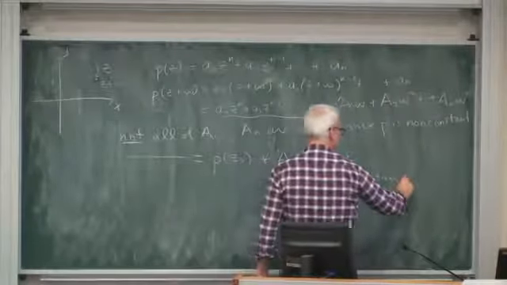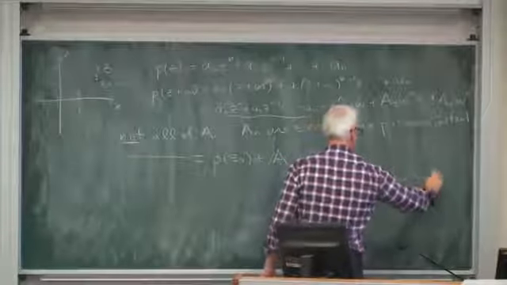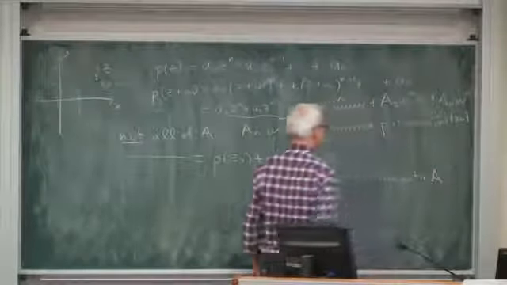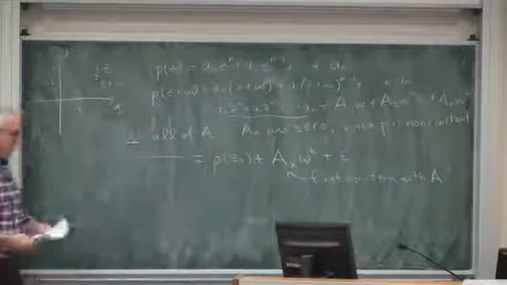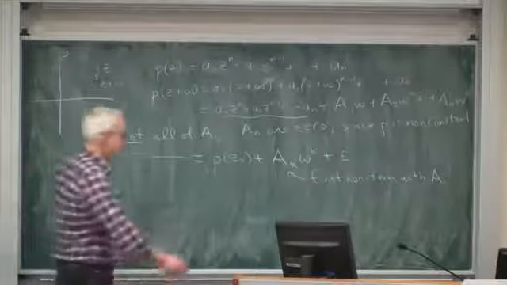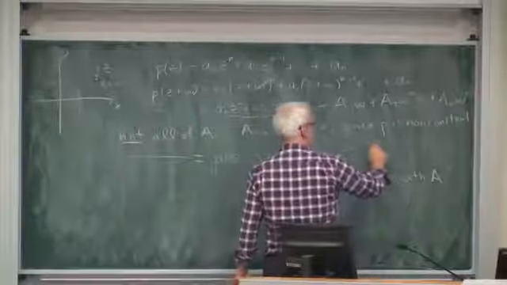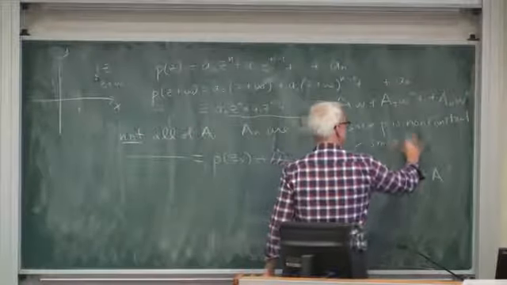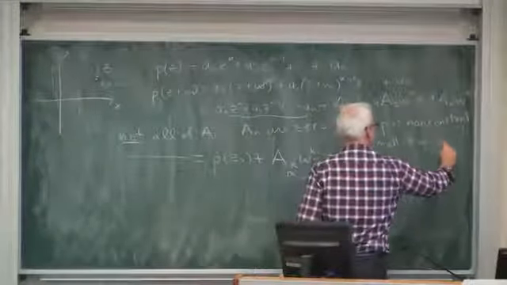term involving the a's. And what is the epsilon? Well, the point is the epsilon is just all the rest of the stuff, and that's small if w is small.